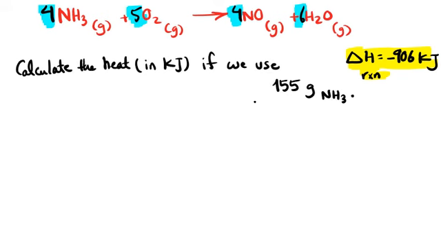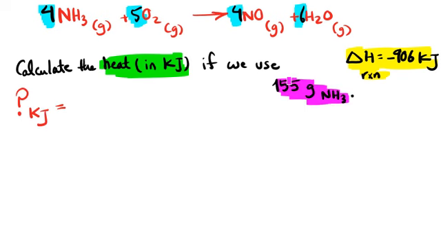So question says calculate amount of heat. So let me write that one. Question mark heat in kilojoules, if we use 155 grams NH3. So I'm going to write 155 grams NH3.